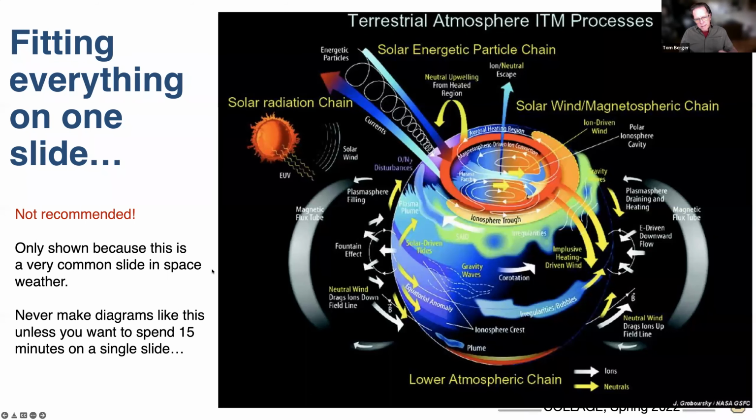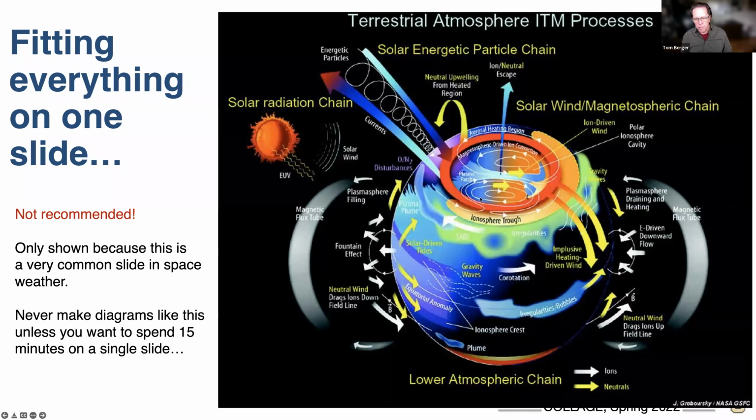Now, this is fitting everything on one slide. And I never recommend this kind of slide, but I have to show it to you because it's so common in the science field. It's shown at almost any conference you'll go to on ionospheric, thermospheric physics. And it does capture all of the dynamics we've talked about, and even some we haven't.